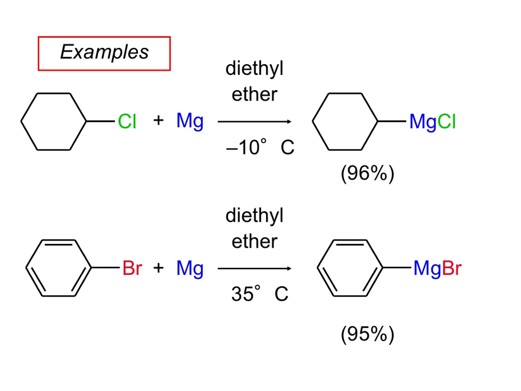It'll work with chlorides, bromides, and iodides. So here is our bromobenzene, an aromatic halide, in diethyl ether at 35 degrees Celsius, which is about the boiling point of the ether. And here we end up with our phenyl magnesium bromide in about 95% efficiency.